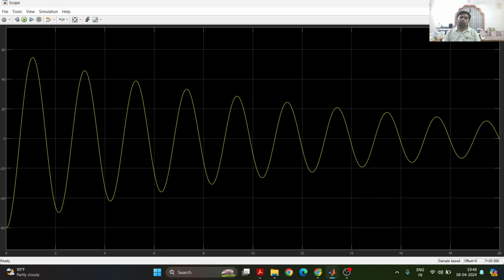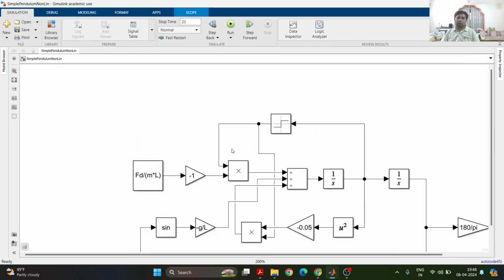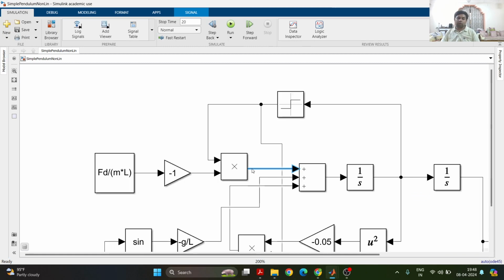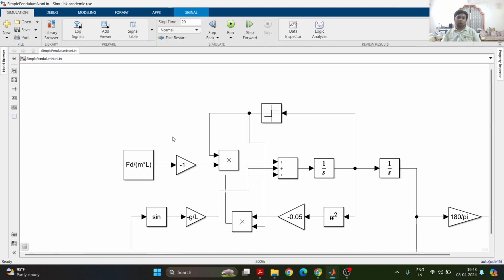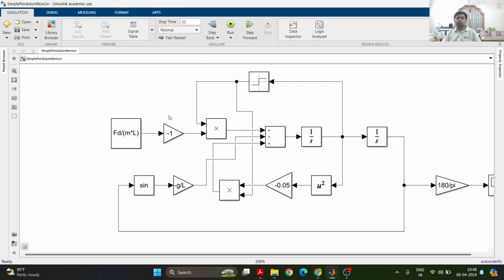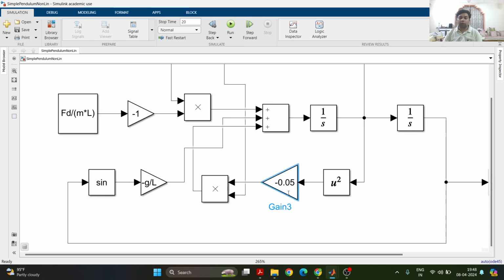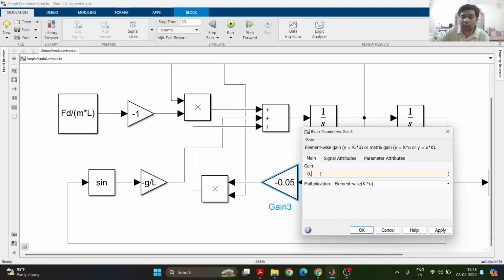So the damping will be now a combination of linearly decreasing amplitude and exponentially decreasing amplitude. If I remove this part of the Coulomb damping, then we will just see pure exponential decay of the amplitude.